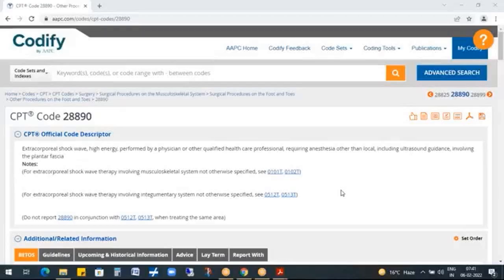Can you see clearly, below parenthetical notes have been given for you? For extracorporeal shock wave therapy involving musculoskeletal system not otherwise specified use 0101T or 0102T. Integumentary system it is 0512T. But here the one is high energy.